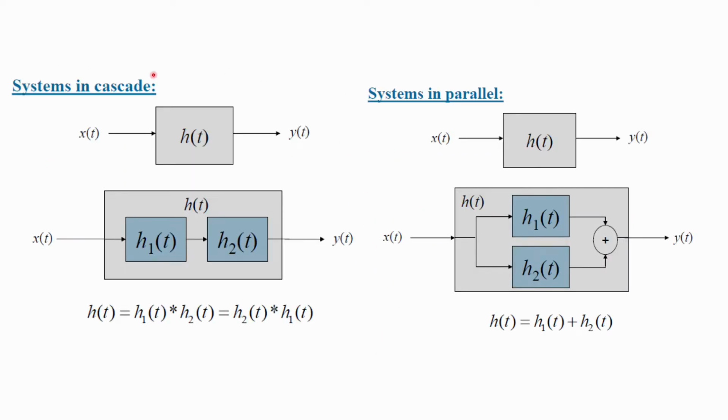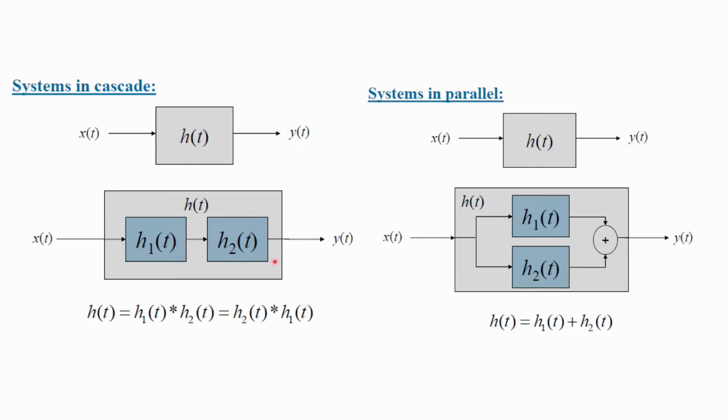Next, this is also a property, but if we connect two systems in cascade or series, how the convolution process is obtained. This is one system. If two systems are connected in series or cascade, this is h1 of t and h2 of t.